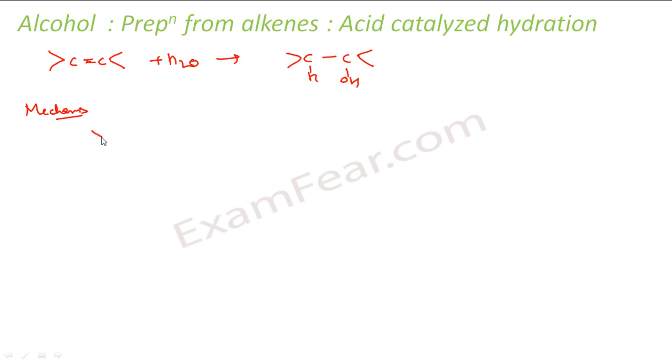this is my double bond. Now it can break in any fashion, right? So it will get a negative charge, it will get a positive charge. Now H plus will attack, that is the acid, and the bond will break. Correct? This is how it will happen.